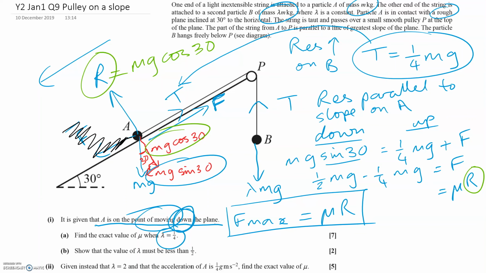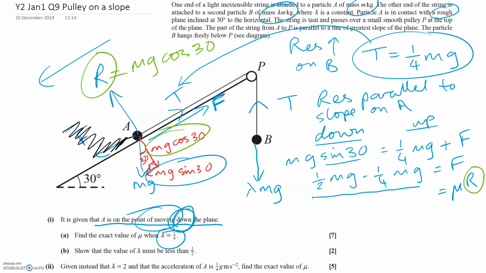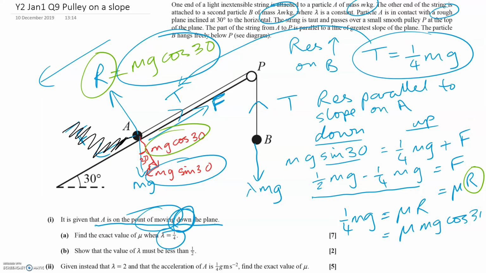So we can write that down instead of this R. Because our equation is now going to be, by the way, half mg minus a quarter mg is just going to be a quarter mg, so that equals mu times R, but as we just discussed, R is mg cos 30, and that means that the mg will cancel on either side.